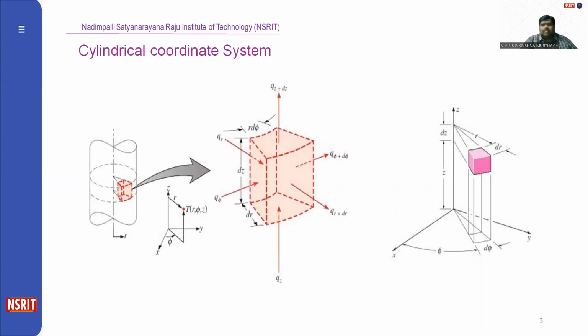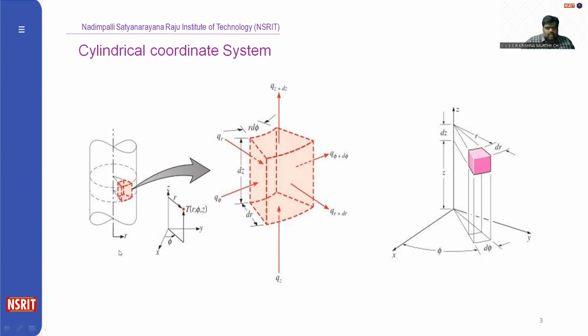In the earlier class I mentioned that Cartesian looks like a rectangle or a cube, having three coordinates x, y, z and axes. Whereas in cylindrical coordinates, the main criterion is the radius, which is one of the coordinates, the other is the z axis, and the third is phi, which cuts at an angle phi with respect to the radius.